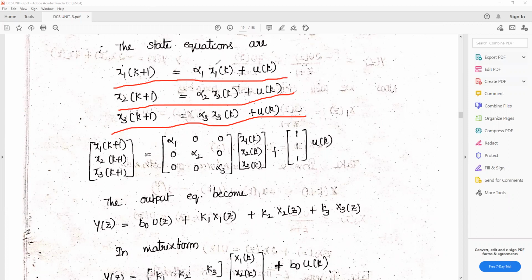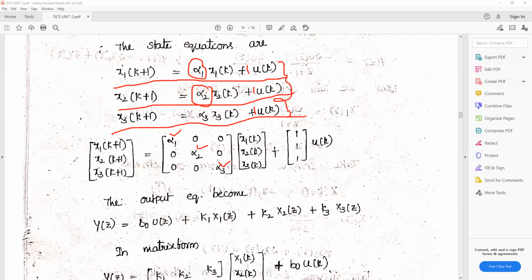So the coefficient of x1 of k is alpha 1, of x2 of k is alpha 2, and of x3 of k is alpha 3, plus the column of x1 of k plus 1, x2 of k plus 1, x3 of k plus 1, with u of k having coefficients 1, 1, 1.